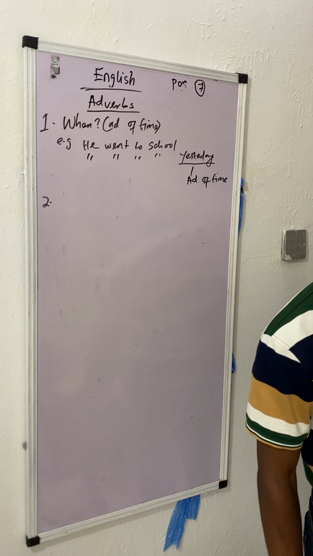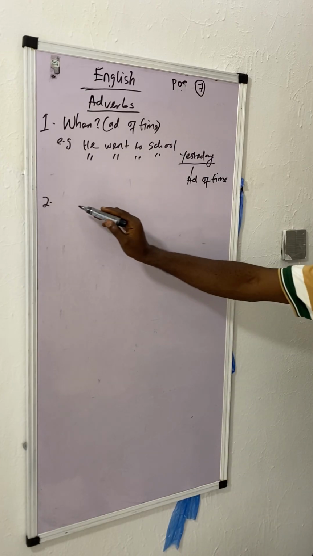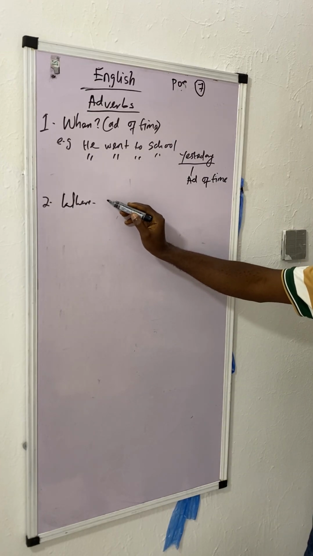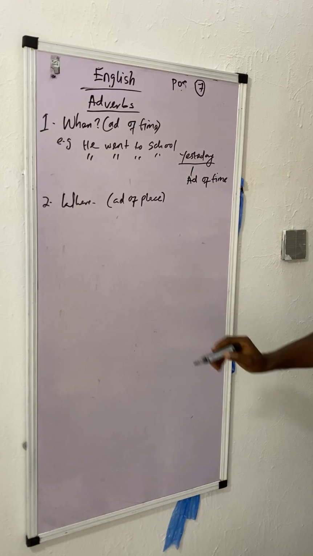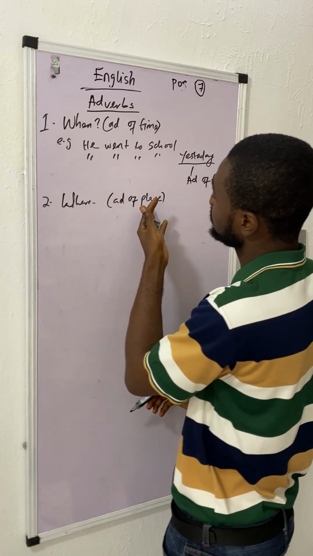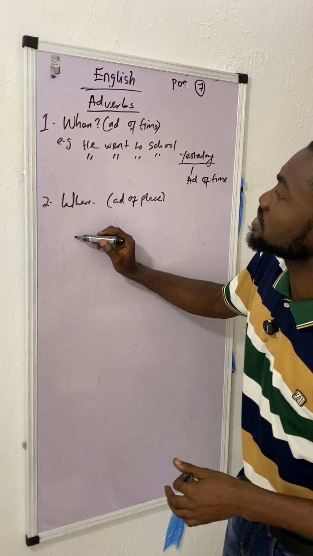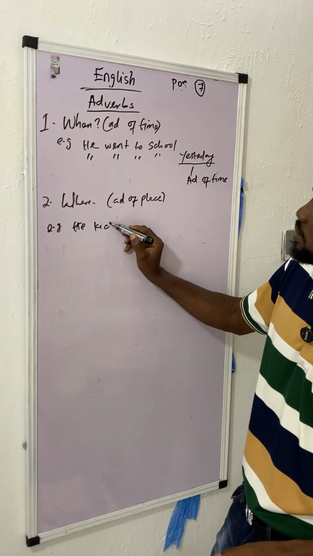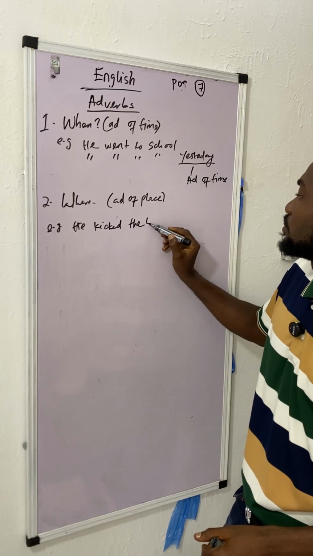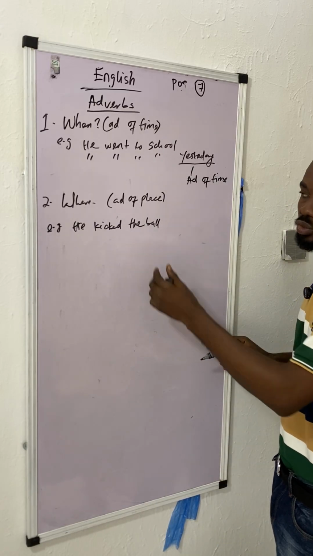Number two. Let's do adverb of place first. Where. All right. Adverb of place, answering the question where. That's the function of adverb of place. For example, he kicked the ball. You told someone he kicked the ball.